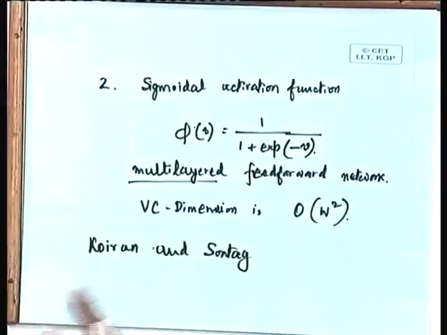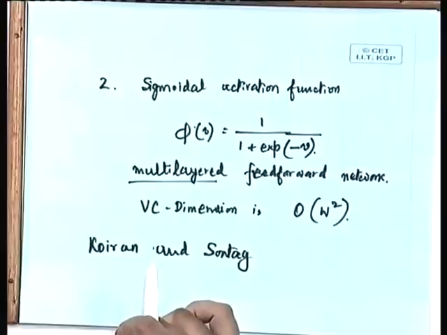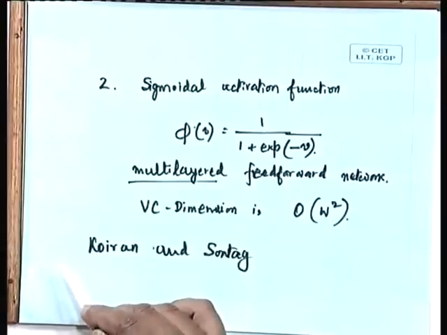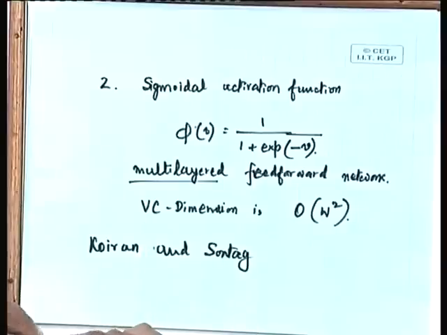Because the linear model can be used, and we are using a cascaded version of that to form a multi-layered network, that is why instead of order of W, we are getting order of W square. This is just to understand this realization of order of W square in a very simplified way. So, as we understand, the combination of two linears is giving us the order of W square, and this is very interesting.